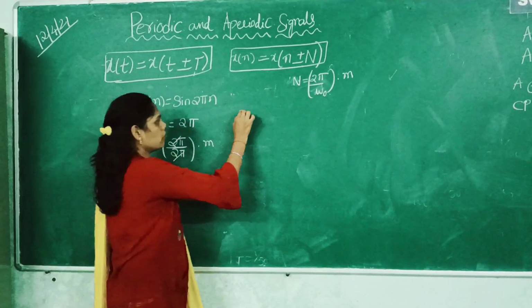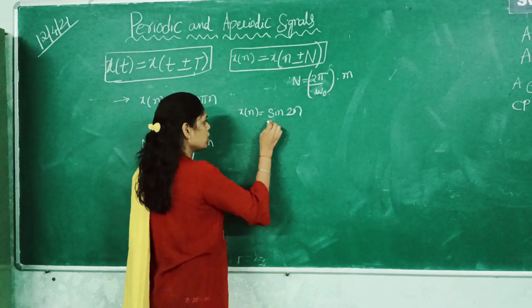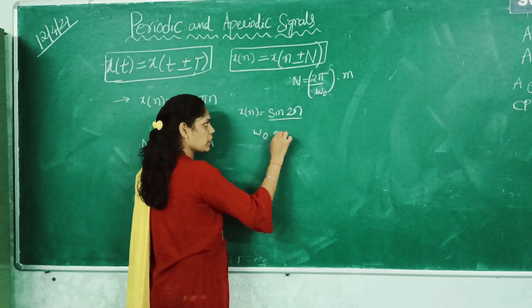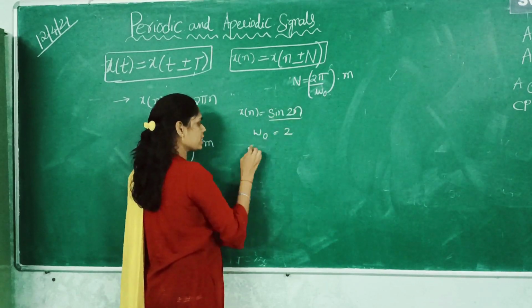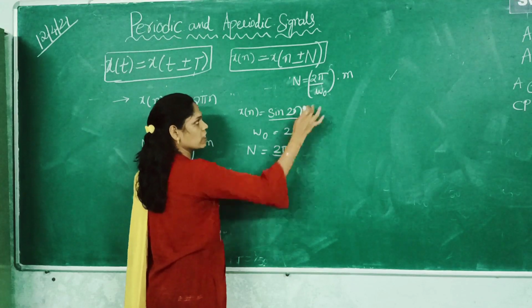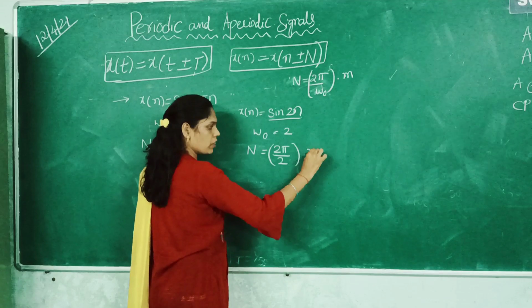Now let us take the second example, x of n equal to sine 2n. This is in the form of sine omega naught n. What is omega naught? You will get 2. Let us calculate N. N is 2 pi by omega naught, where omega naught is 2, multiplied with m.